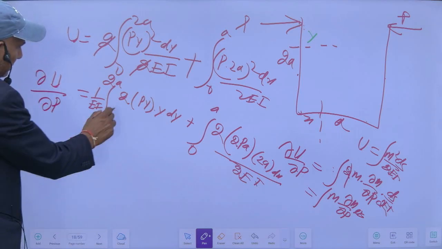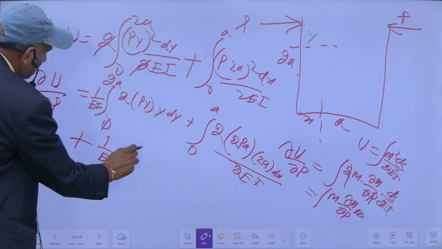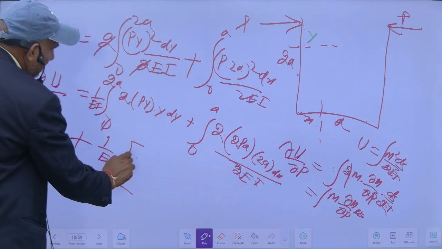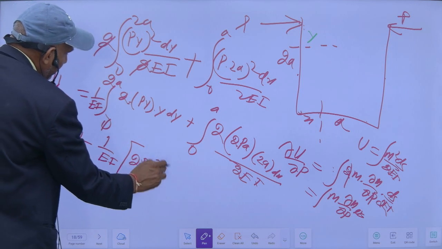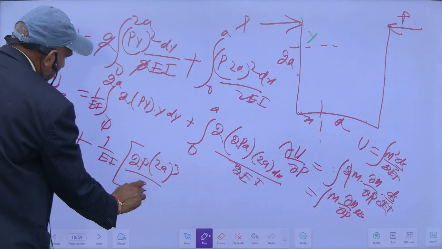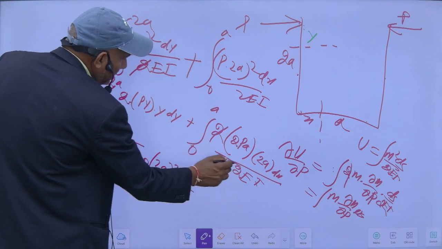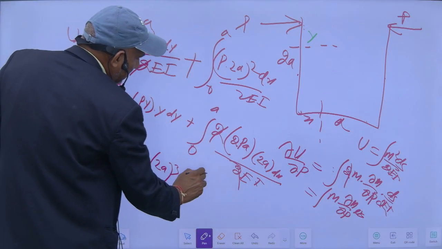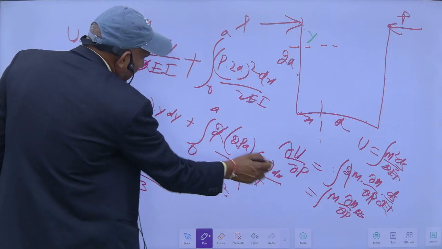So this will be 1 upon EI, I can take common. So this will be 2P into y square. Y square means y cube upon 3, plus this will be 4 Pa square, and this will be x.